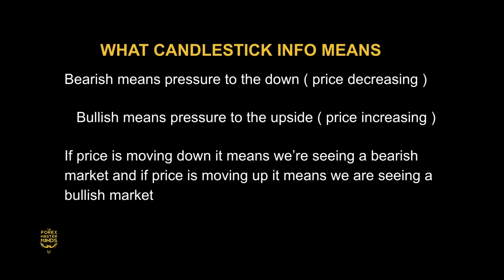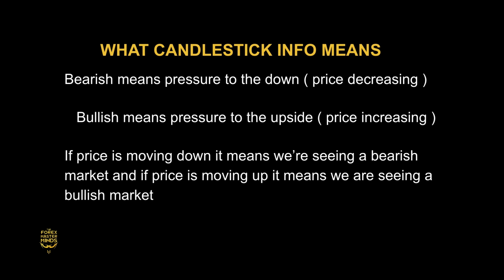So if at 1 o'clock you saw a bullish candle, a candle that had the open below the close, it means that at 1 o'clock the market was pushing towards the upside, price was increasing.